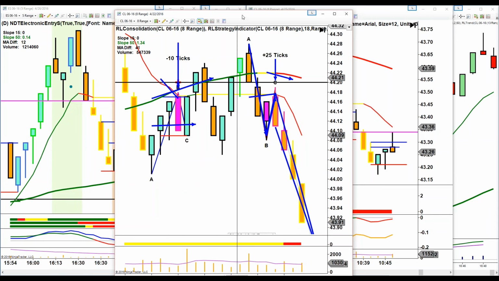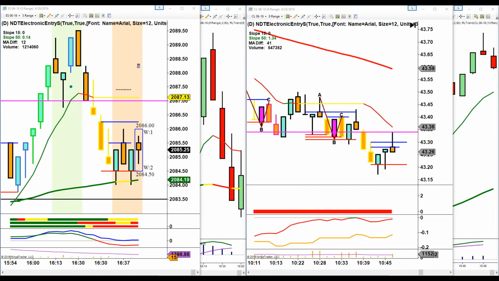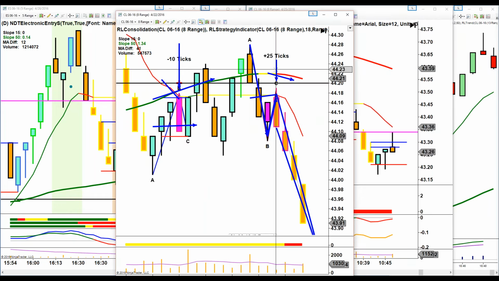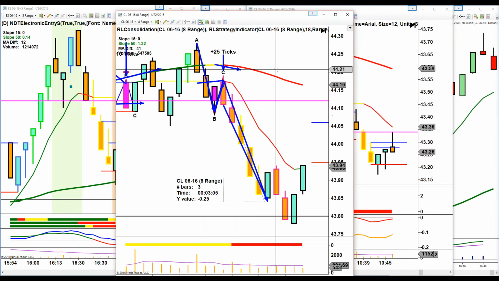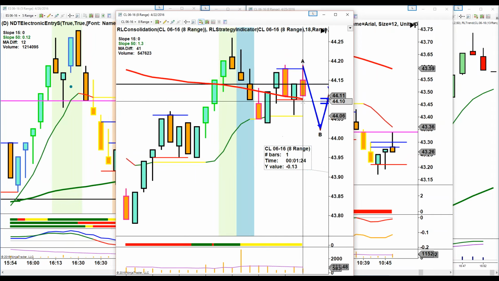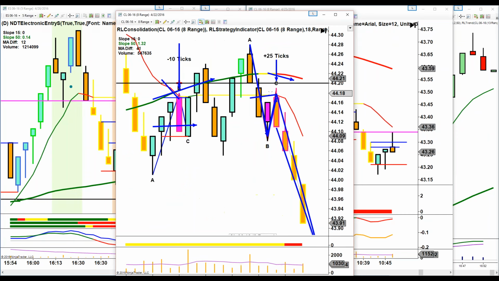Let me just look at some questions because I want to take them one at a time. So if you look at these three trades, I took a riskier trade at 25 ticks. I took a riskier trade at 13. And then I took a full loser.